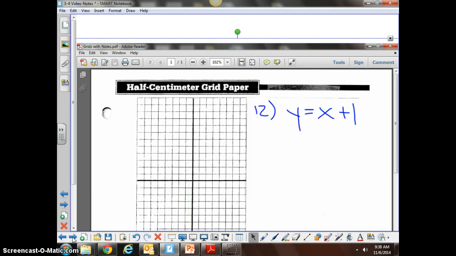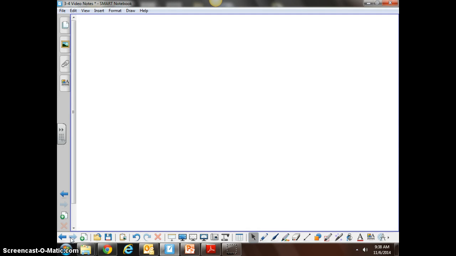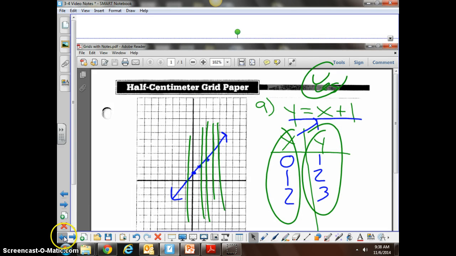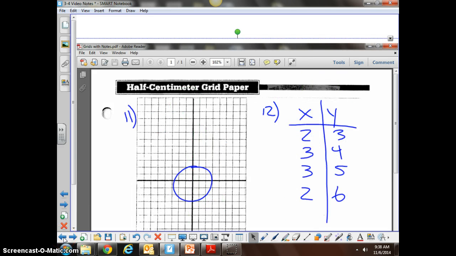Moving on, let's take a look at number 11, which is right here. If I have a graph, oftentimes they'll just give you a graph, and your job is to determine, is this a function or not? I have no data, I just have the graph given to me. If I draw a vertical line, it intersects my graph in two spots.